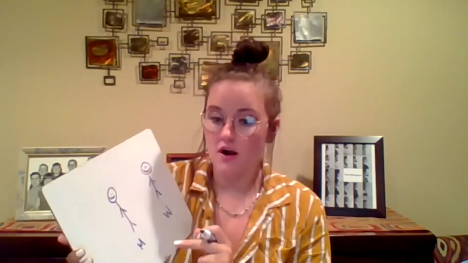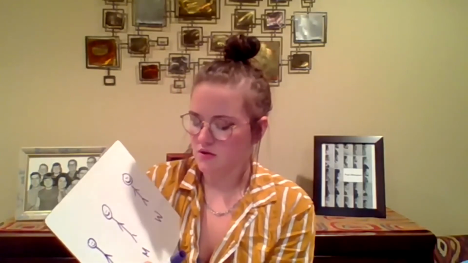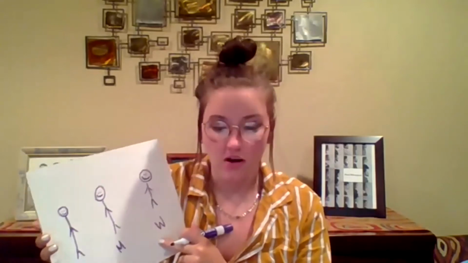Marnie's hair is longer than Bita's hair. So Bita right now, her hair is shorter than Marnie's. So we're going to put her right here. B. So Bita's hair is longer or shorter than Wesley's hair. If we put them in hair length order, Bita's is the shortest, Marnie's is the medium, Wesley's is the longest.